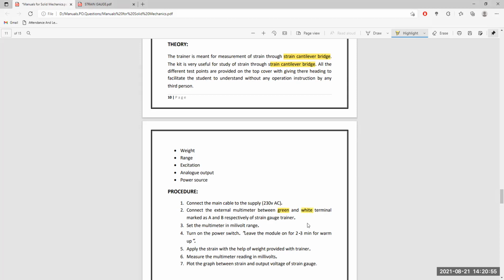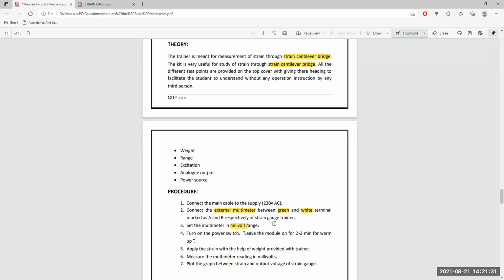So with the multimeter, from these two points, the white and green terminals A and B, we have to connect to the strain gauge trainer itself. Now put the multimeter in the millivolt range, because a multimeter can be adjusted for different ranges. We will pick the millivolt range, which is 1 by 1000 volt.